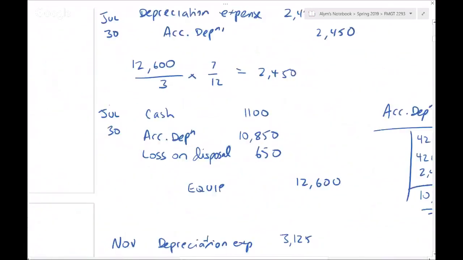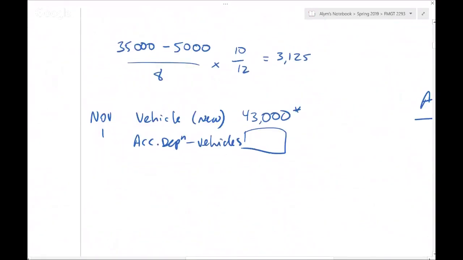Okay, so that allows us to get back to this transaction here, where we're looking at the trade-in. I'm going to get rid of this new cost because we're going to do that in just a second here. If we look at the question itself, it says, let's get rid of this thing. So we're going to get rid of the accumulated depreciation on the old vehicle, 26,250.